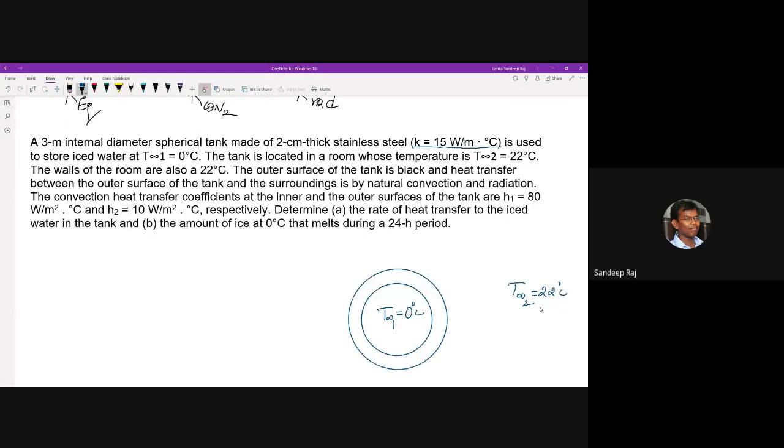Now, on the outer side, you have 22 degrees centigrade, and H1 is given on the inside as 80 watt per meter Kelvin, and H2 is given outside as 10 watt per meter Kelvin, respectively. The walls of the room are also at 22 degrees centigrade. So what he's saying is here it is 22 degrees centigrade.